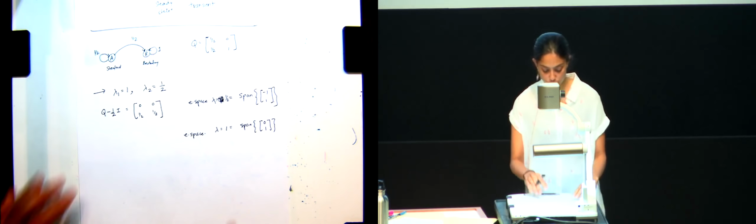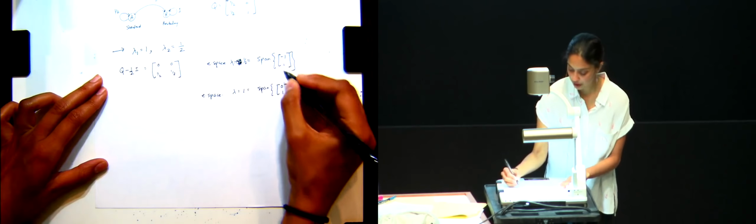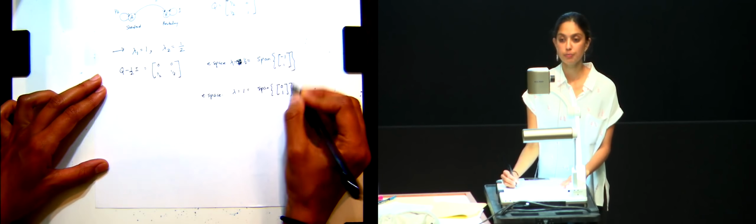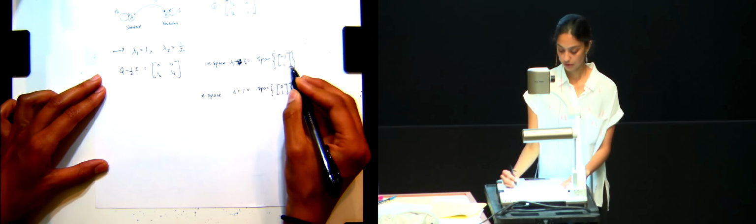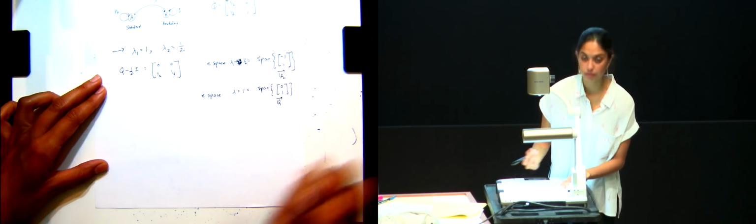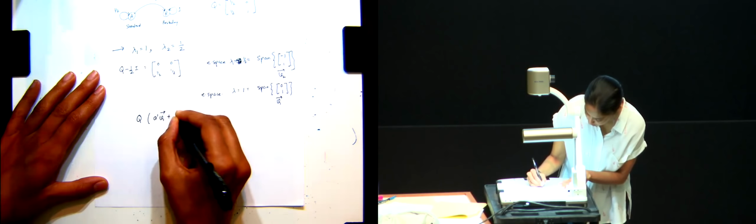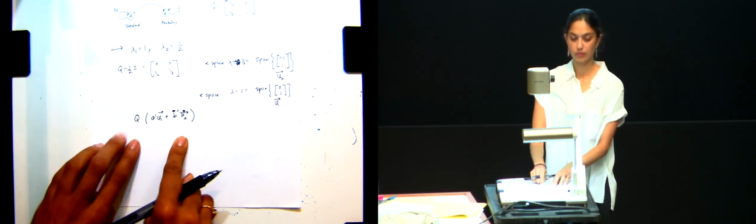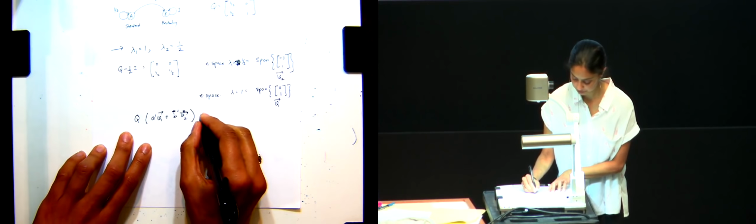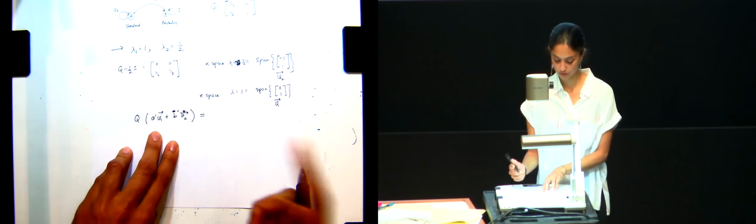So now, if I was to do the same thing as I did last time, and I said, okay, so now, do these two vectors span R2? Right? Let's call this V1. Let's call this V2. And now if I have Q times A prime V1 plus B prime V2, what do I get?